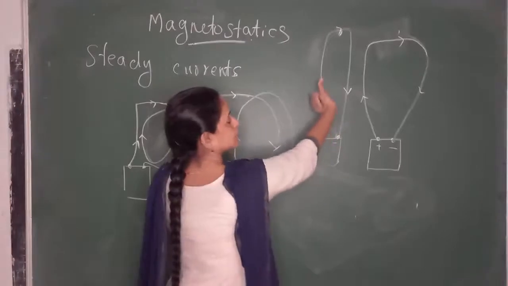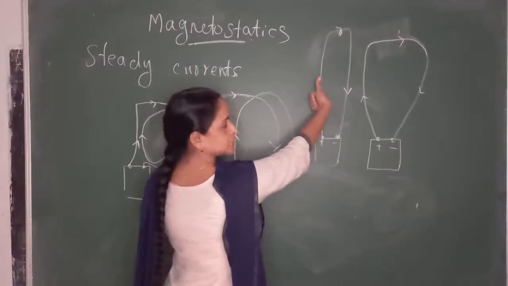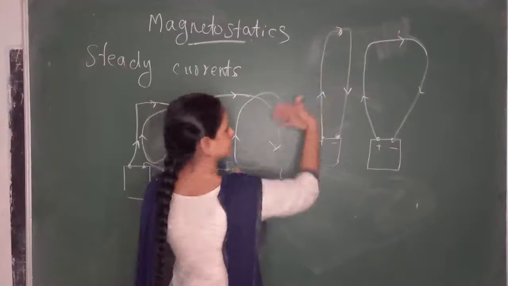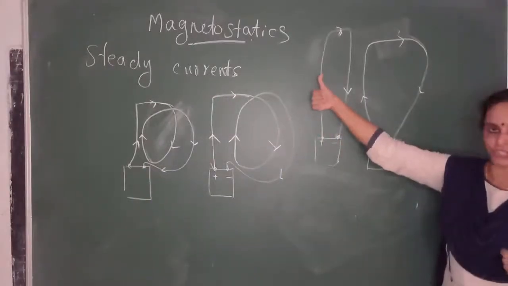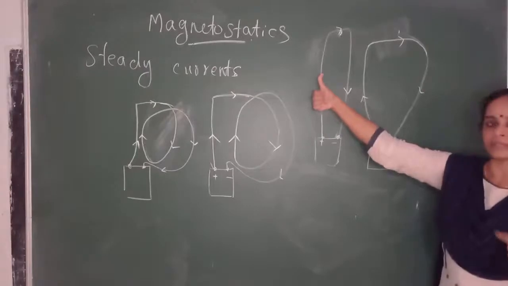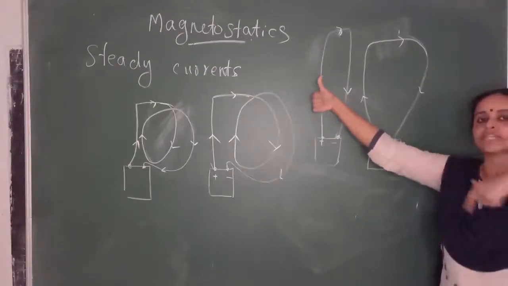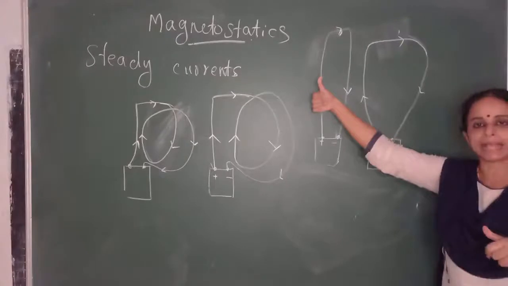So here the current is going in the upward direction. So when I place my thumb, I curl my fingers, and the direction of these fingers will indicate the direction of the magnetic field.